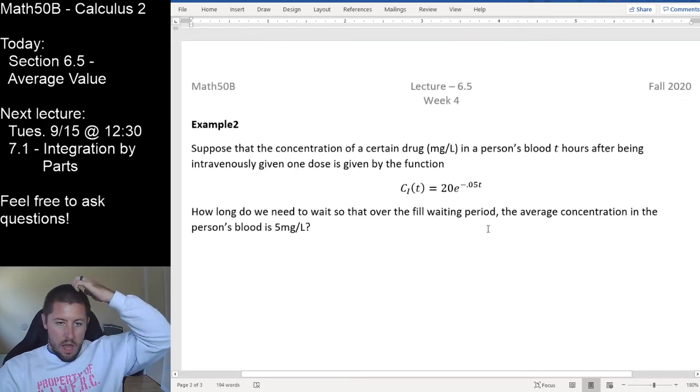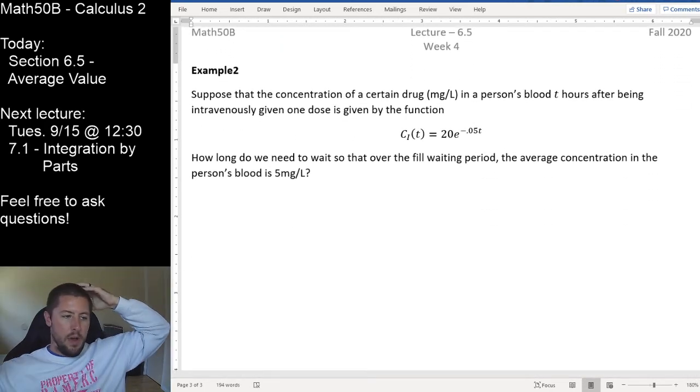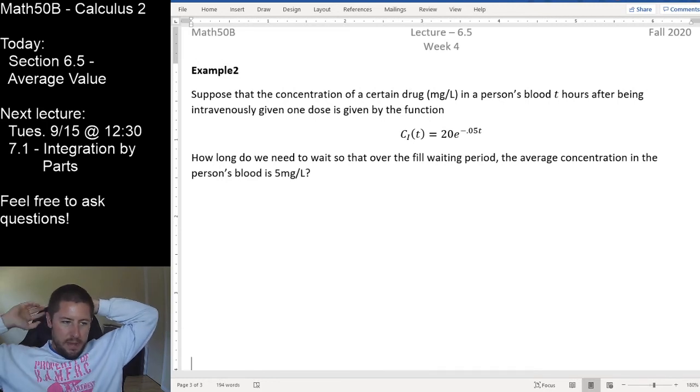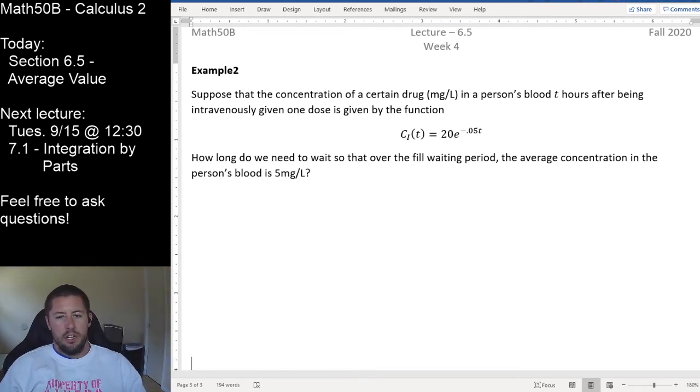So a question that a medical person might be interested in knowing is, and actually we'll talk about why this technically wouldn't be a super appropriate computation to do as a medical professional, but that's okay. Suppose that the concentration of a certain drug in milligrams per liter in a person's blood, t hours after being intravenously given one dose of the drug, is given by, and let me tell you my notation here.